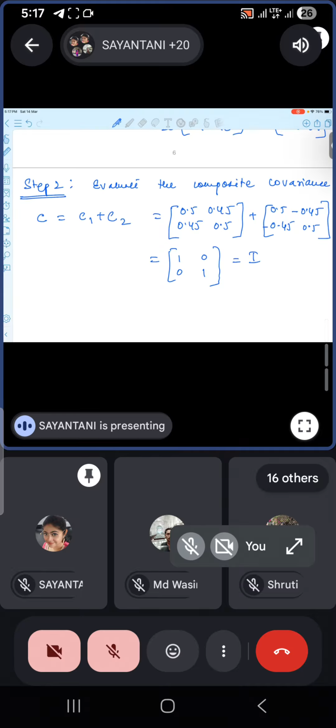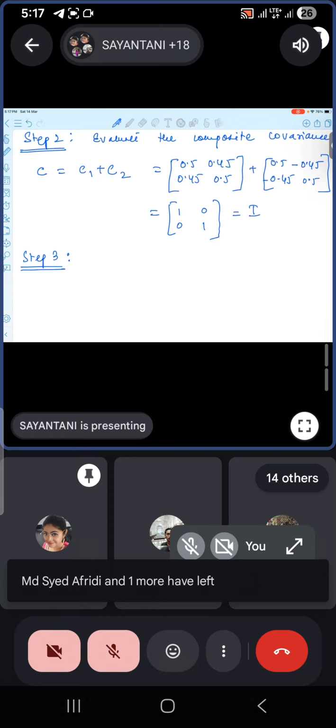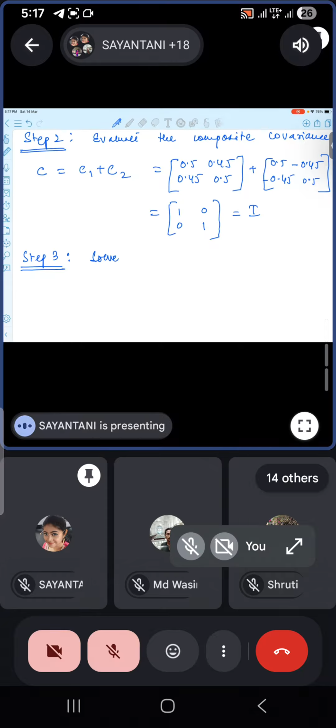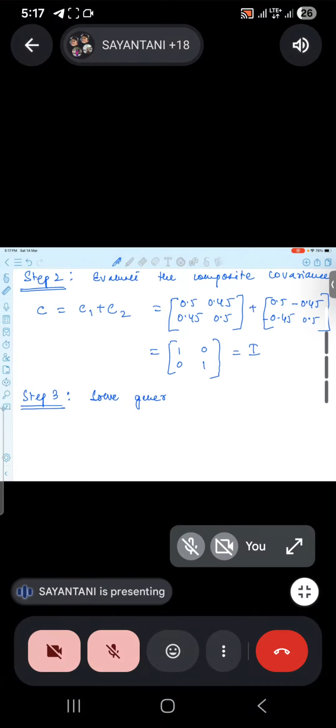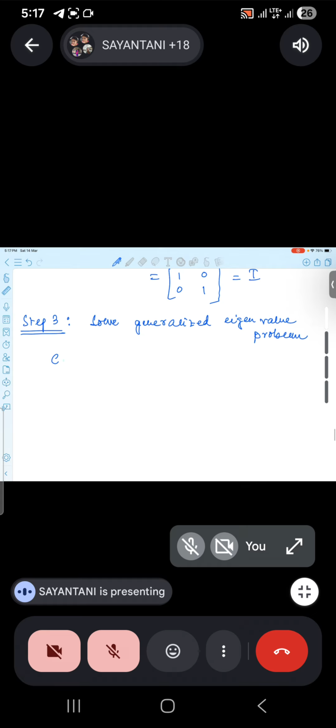Now we move on to step 3. You have to solve a generalized eigenvalue problem. So what is that?